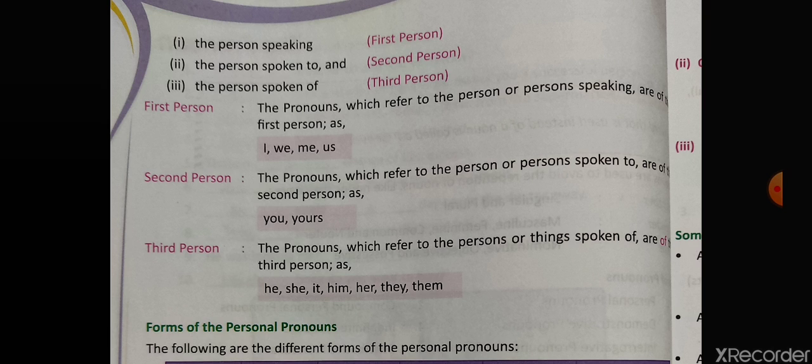So this is second person, and last is the third person, when I am talking to that friend of mine about somebody else who is not present with us. Or I am standing in the class talking to you all about the other sections' students who are not present in your class.